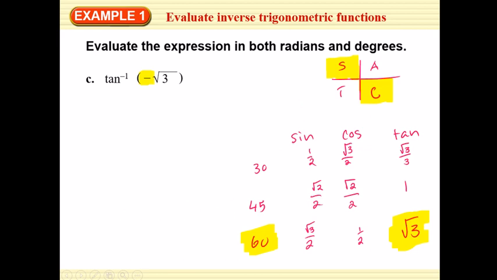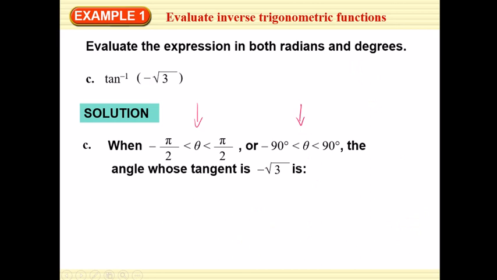Oh, too far. Alright, I am going to be looking at when theta is between negative pi over 2 and pi over 2, which means that it's between negative 90 and 90 degrees.